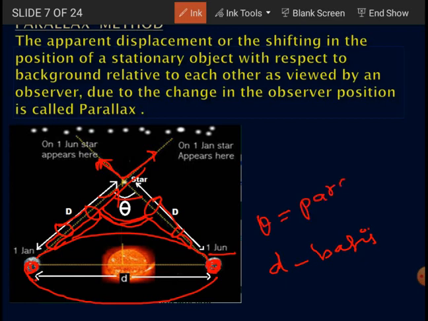Parallactic angle, right? But if we know this d and if we know this theta, then the distance between the star and the earth, which is denoted by capital D, can be easily found out. How? Let's see.